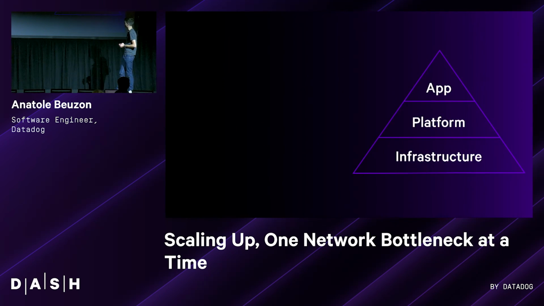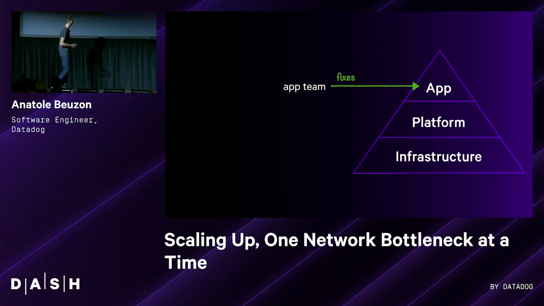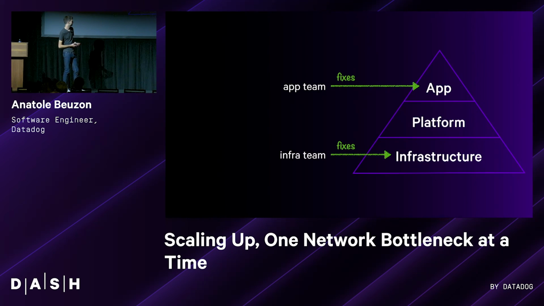Now, each layer is very specific, and so we have different teams specializing in different layers. The app team is responsible for fixing the app layer, while the infra team is responsible for fixing the infrastructure layer. And because there is such a complex set of interactions between the different layers, we need the different teams to talk together. They have a different set of skills and complementary knowledge.